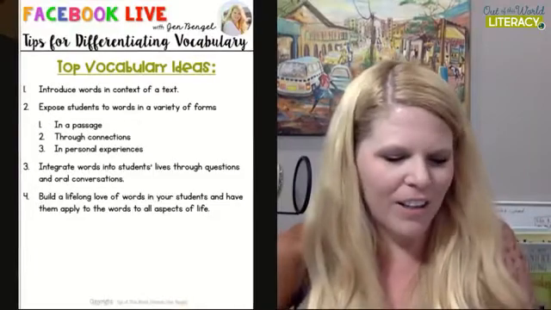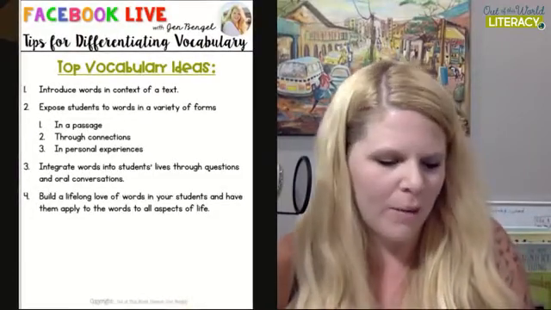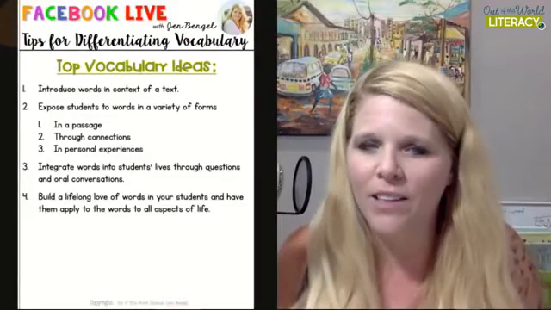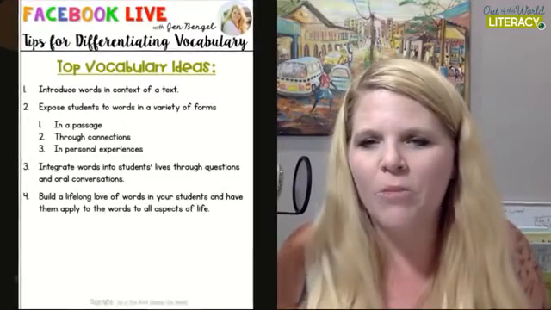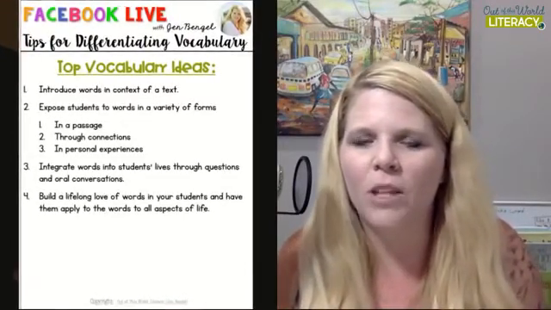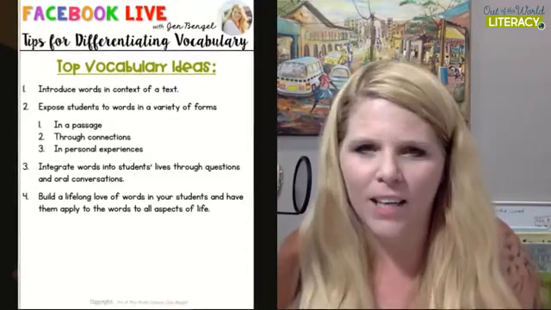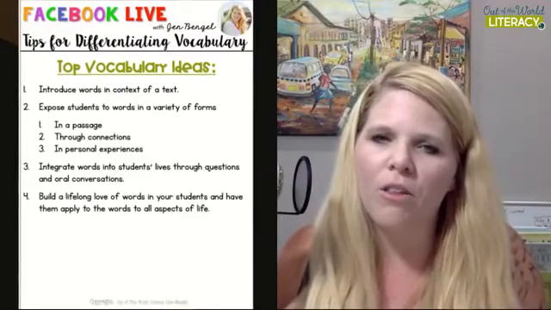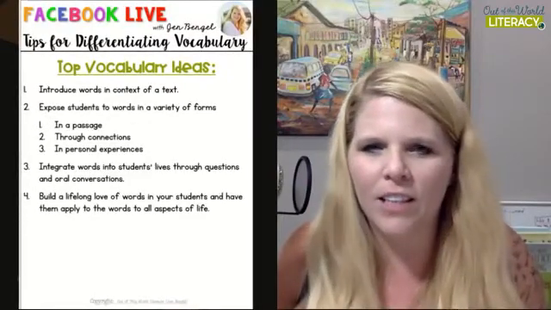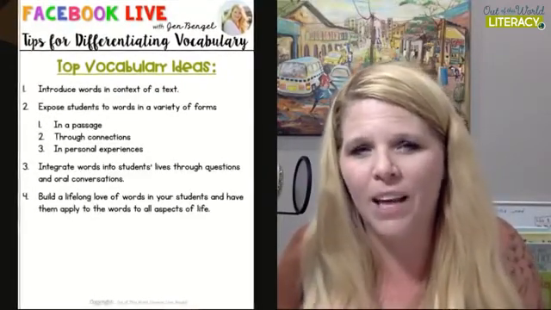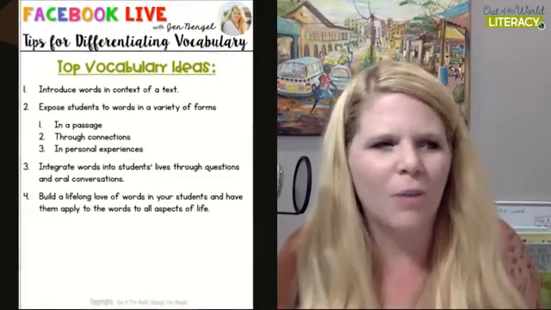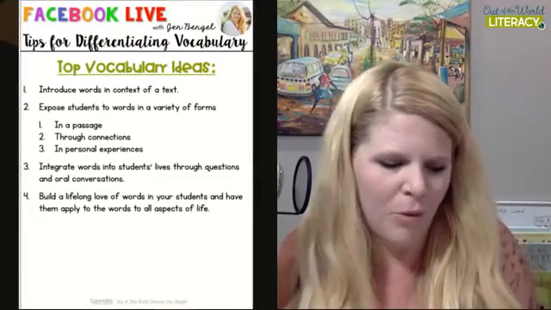Another thing I think is really important when we're teaching vocabulary is not only exposing them to words within the context of a passage, but exposing kids to words within lots of different contexts. So the passage is one, but you can also do it through connections. You can ask the kids different questions that will help them connect the words to other words that they know and other places they maybe have seen those words before as well.